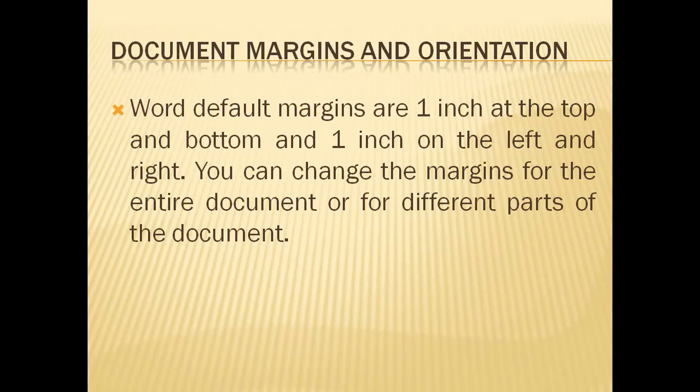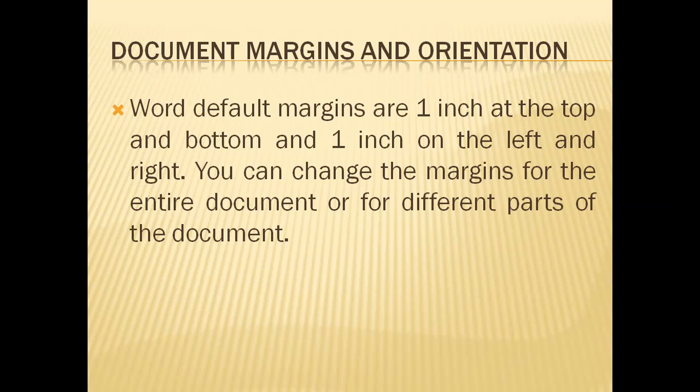Next one is document margins and orientation. These are also very important topics. Word default margins are 1 inch at the top and bottom and 1 inch on the left and right. So you can change the margin for the entire document or the different parts of the document.